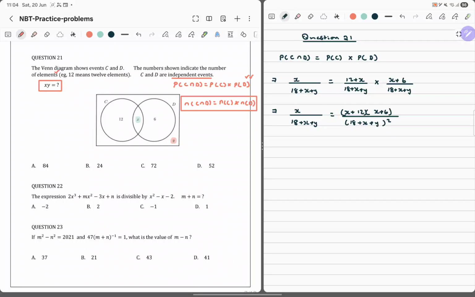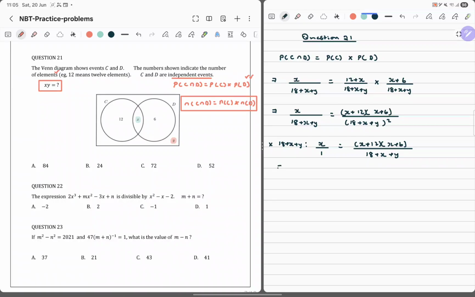What I'm thinking we need to do is to just multiply by this denominator so that we can get stuff under control. So if we multiply by 18 plus x plus y, what do we get? We get x over 1 is equal to x plus 12 into x plus 6, all divided by, this one takes the square, so we end up with just 18 plus x plus y.